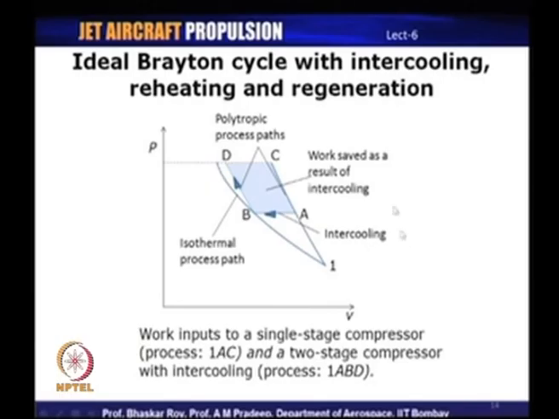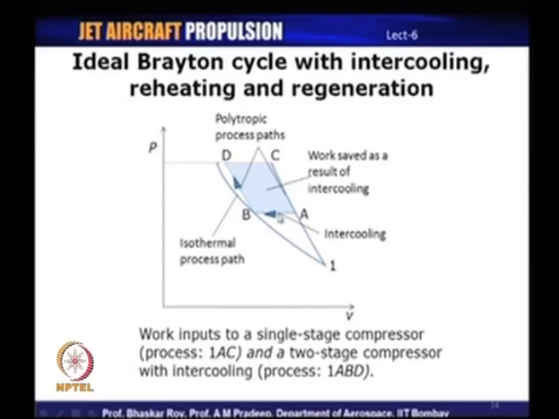The way to do that is to split the compression process into several processes, and let us say we split it into two-stage compression with intercooling. The process between state 1 and A is the first compression process. Then we apply intercooling, for an ideal cycle at constant pressure, and the second stage compression is between states B and D.